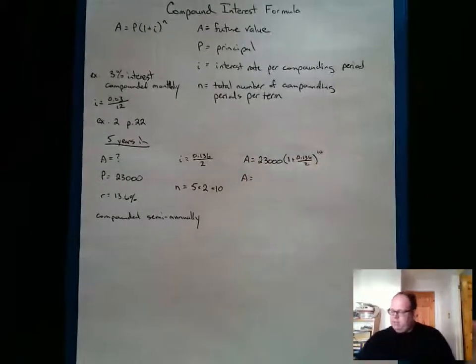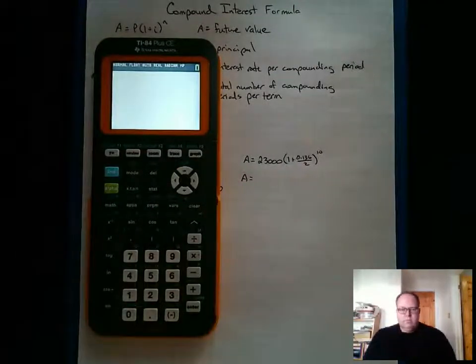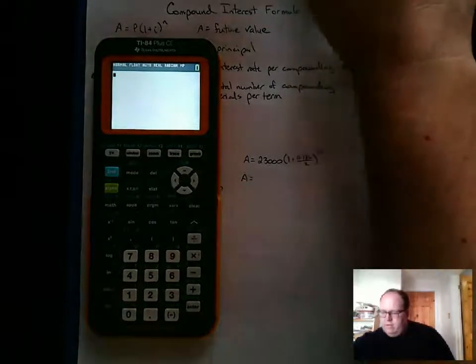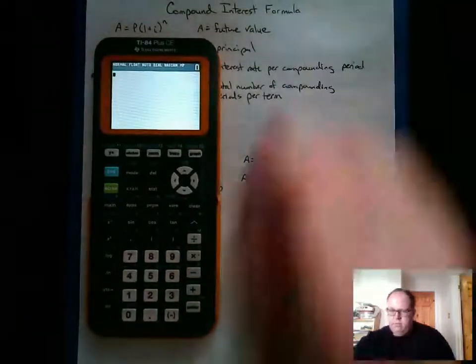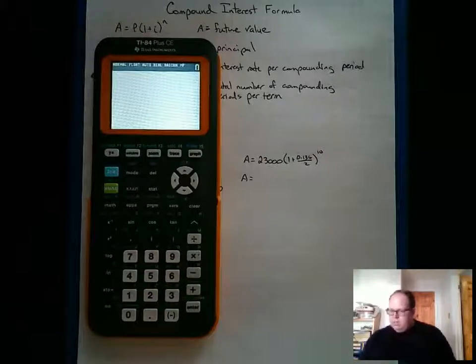My trusty calculator can work that out, but just to make sure that we're all okay with working that out, I'll put a little bit more light on the calculator for this. You can just put this all in as one.